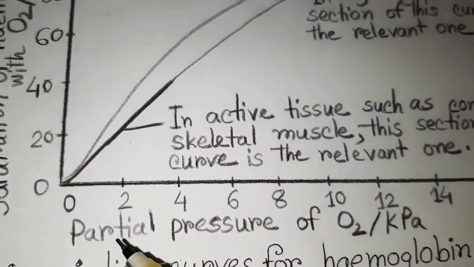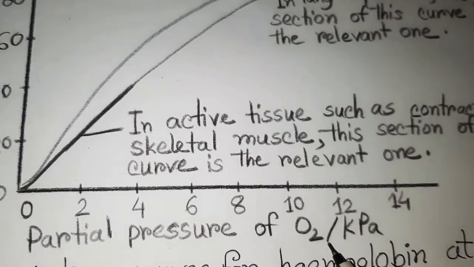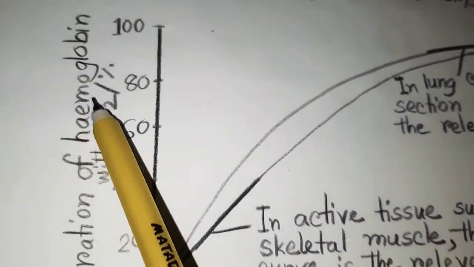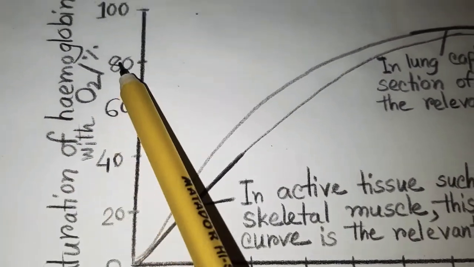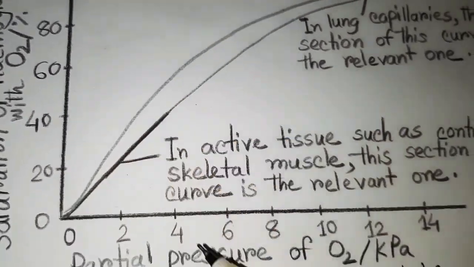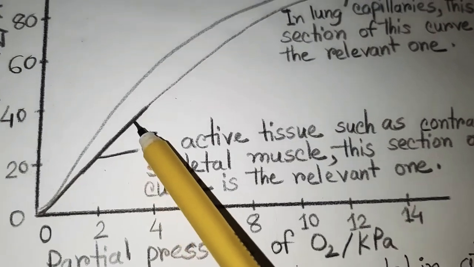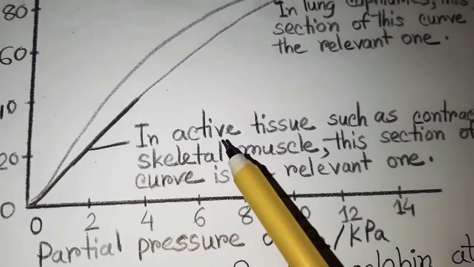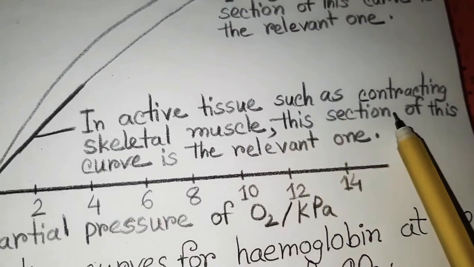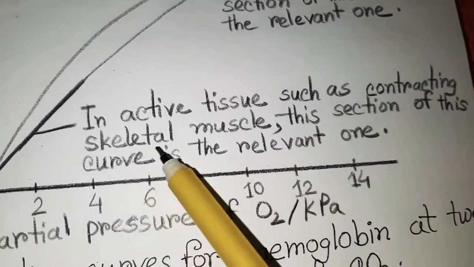Here you can see the partial pressure of oxygen in kilopascals, and here the saturation of hemoglobin with oxygen, as a percentage, the same thing: 20%, 40%, 100%. And here are two lines. One line here is a dark line. You can see this is an active tissue, such as contracting skeletal muscles.